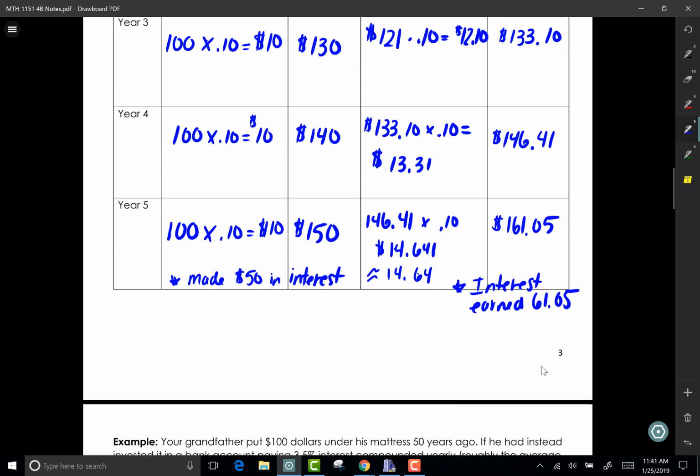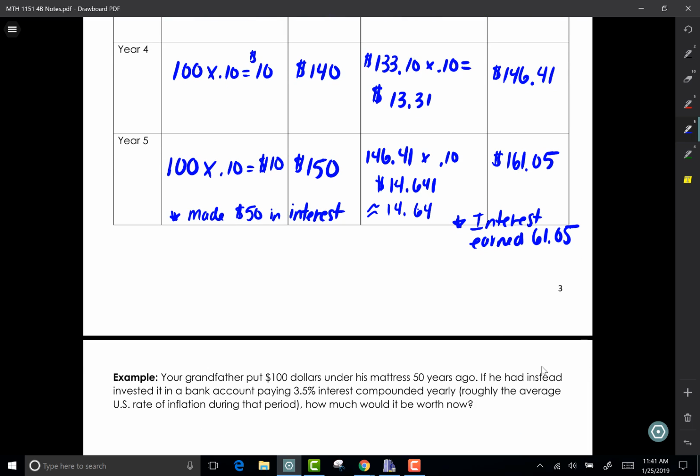Now, let's go through and use the formula to check our final answer. So this will be the first time we're using our formula, and we can compare doing it by hand each year or each compound period in general versus just plugging it into a formula.